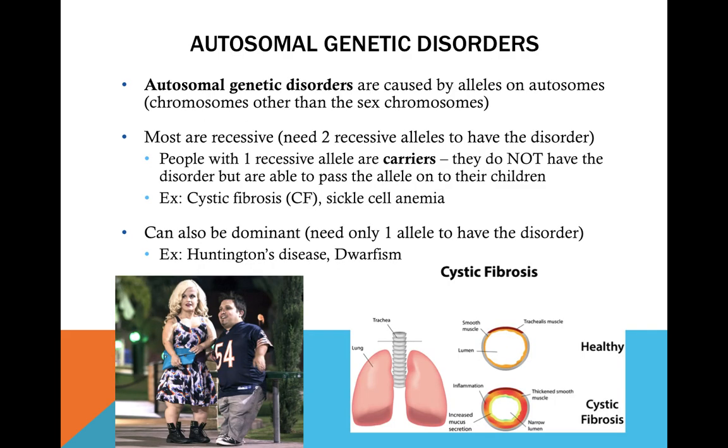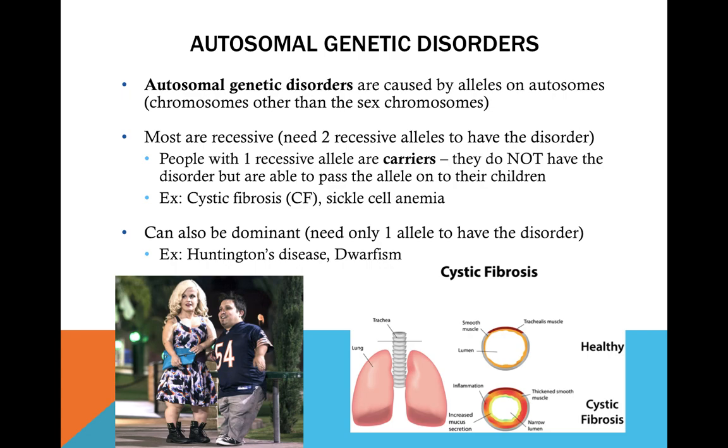Now, autosomal genetic disorders are usually caused by some type of mutation on the autosome chromosomes. You have 23 pairs of chromosomes, and your autosomes are chromosomes number 1 through 22. The 23rd set of chromosomes is your sex chromosomes. We talked a bit about recessive genes and dominant genes.